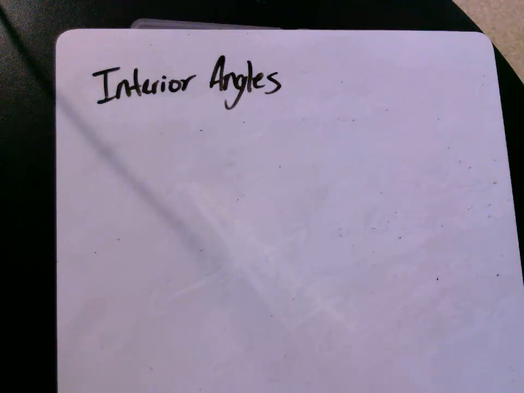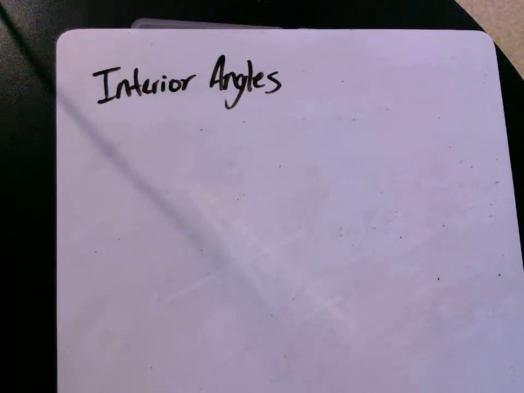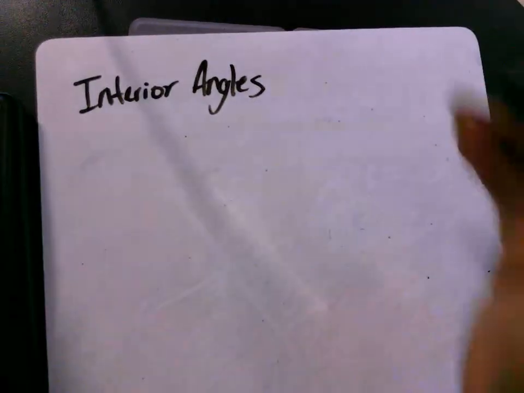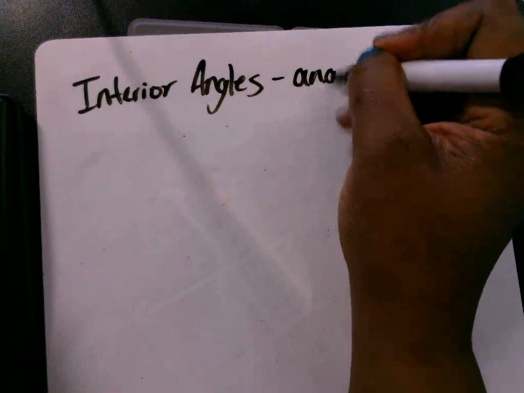Very good. 2 people. Come on, y'all. 3 people, 4 people, 5 people. You wrote the word, but you didn't get it right. Not quite. 6 people, 7 people, 8 people, 9 people. These are angles that are what?